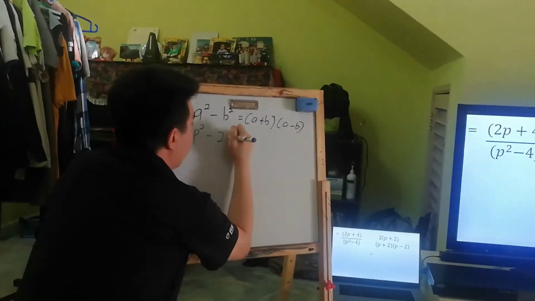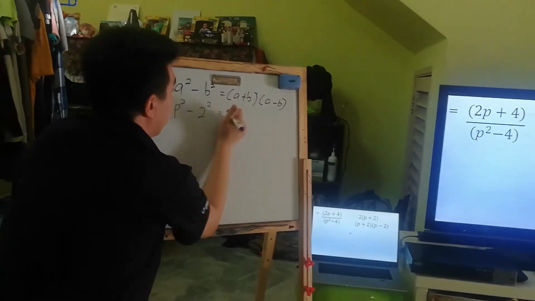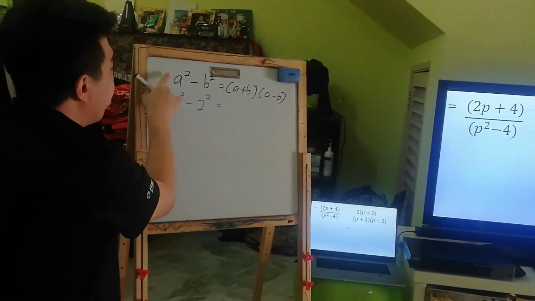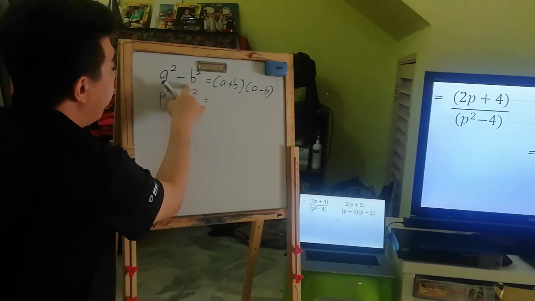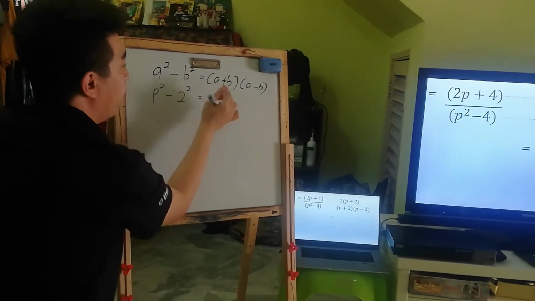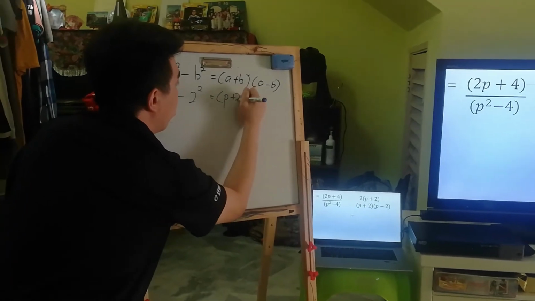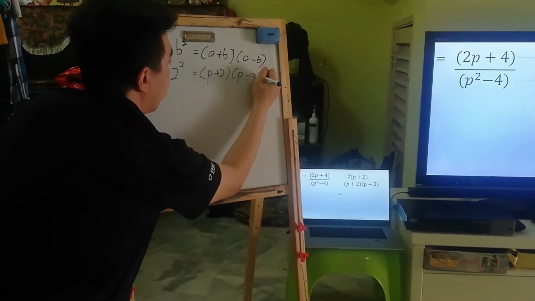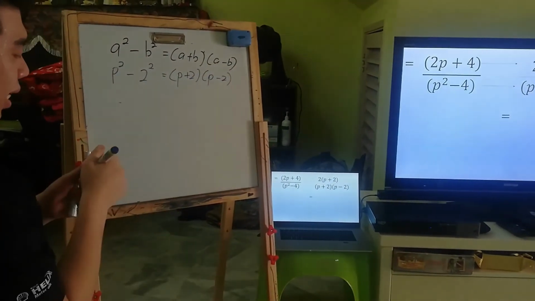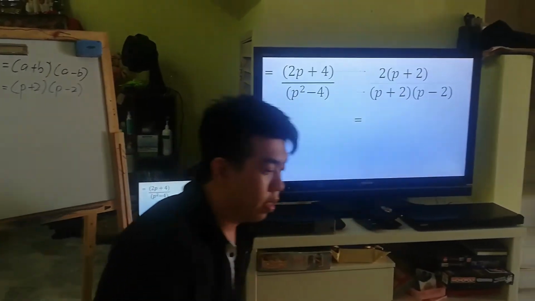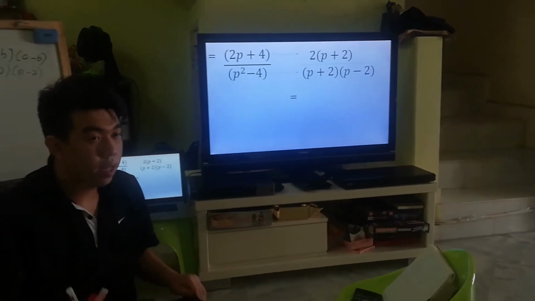So you can see the form is the same form: a square minus b square, p square minus 2 square. So you just follow the formula. P plus 2, p minus 2. That's how we get that. So what is a square plus b square?